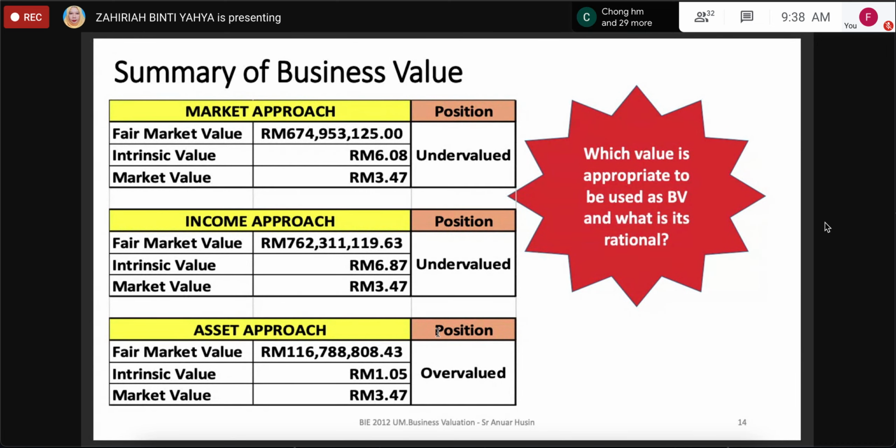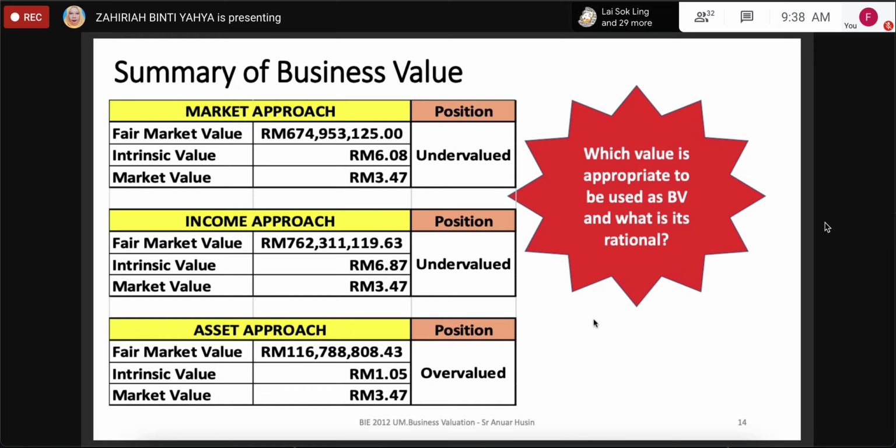So in this case, you adopt income approach, you give your opinion that the value of the shares is RM6.87. Yeah, you times the number of shares and you get the total market value.